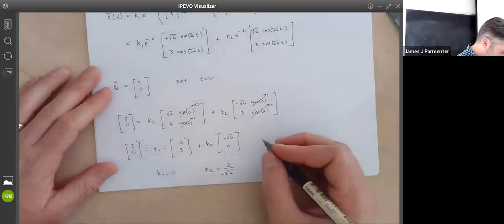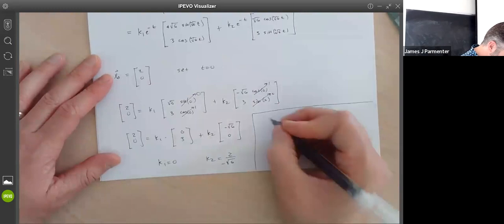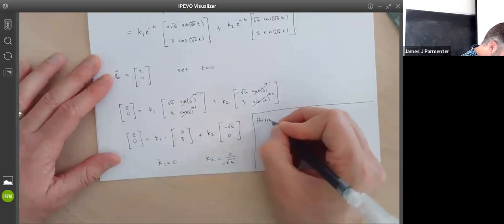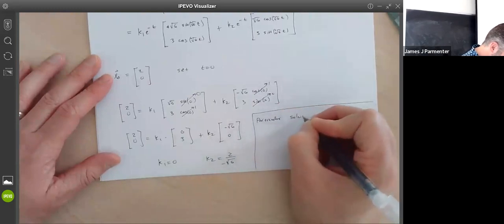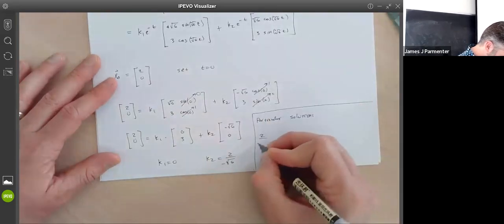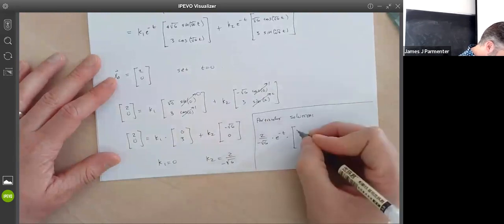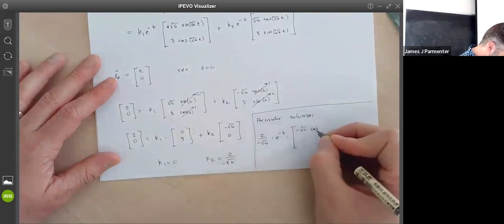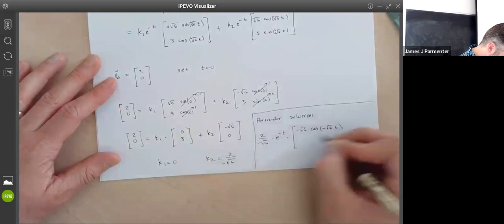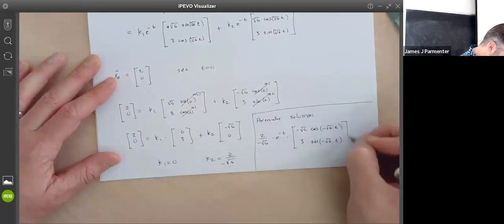So then our particular solution is going to be 2 over negative root 6 times e to the negative t times negative root 6 cosine of negative root 6t, 3 sine of negative root 6t, because the other part was 0.